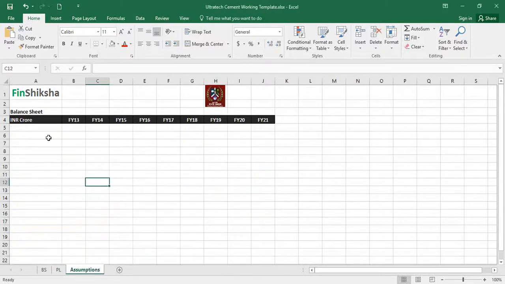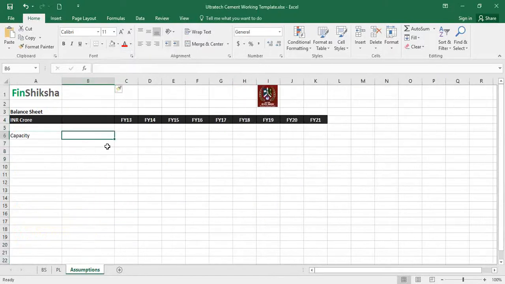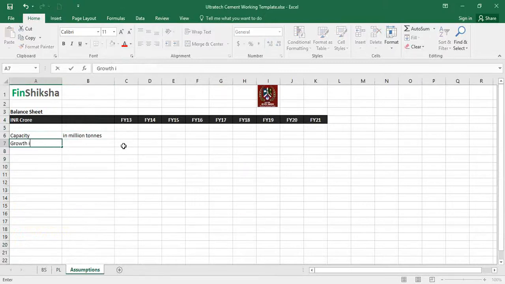On the assumption sheet, therefore, it is important for us to build in the capacity, right? I'll introduce a row here just to ensure that we know what the capacity is. It's in million tons usually that the company will disclose the capacity. We will find that out in million tons, and growth in capacity is what we are going to include here in million tons.